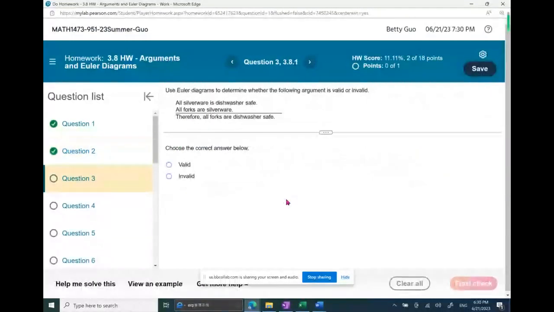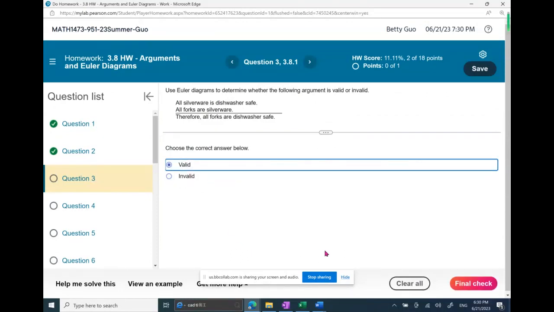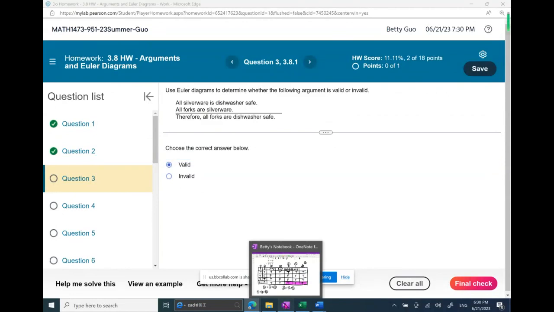Question number 3. Use Euler diagrams to determine whether the following argument is valid or invalid. Premise 1: All silverware is dishwasher safe. Premise 2: All forks are silverware. Conclusion: So all forks are dishwasher safe. It's actually valid. Let me show you why.